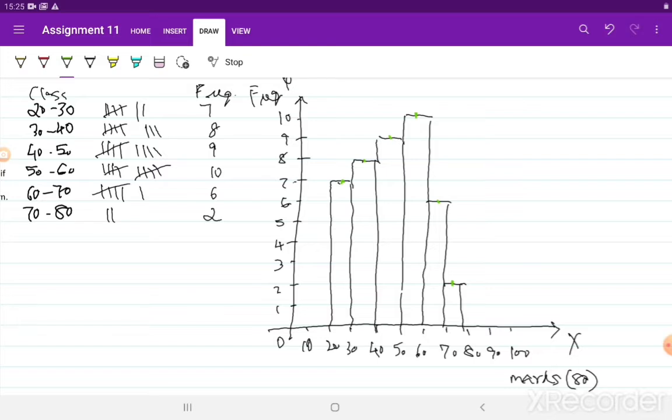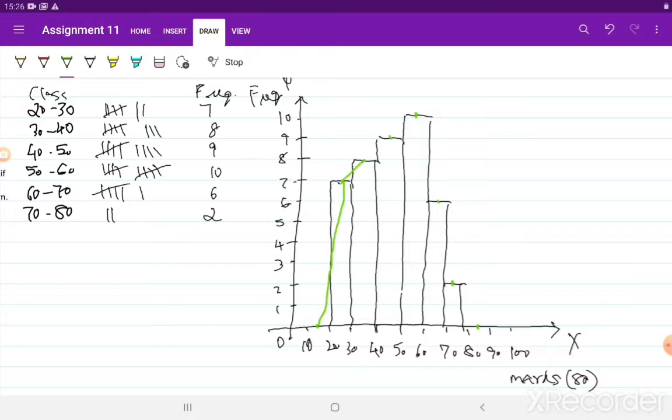And generally what is done is you join it to the x-axis or to the baseline, on the left to the class interval before, and on the right to the class interval after the 70 to 80, the last class interval. So join these with the straight lines.